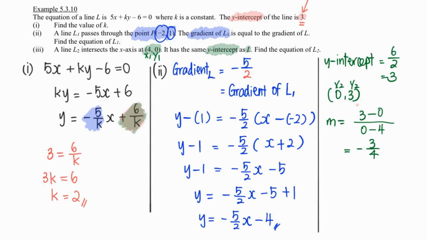And now that we have the gradient, we also got the y-intercept. So we can just write it down neatly, right? The equation is y equals to mx plus c, gradient times x, y-intercept is 3.